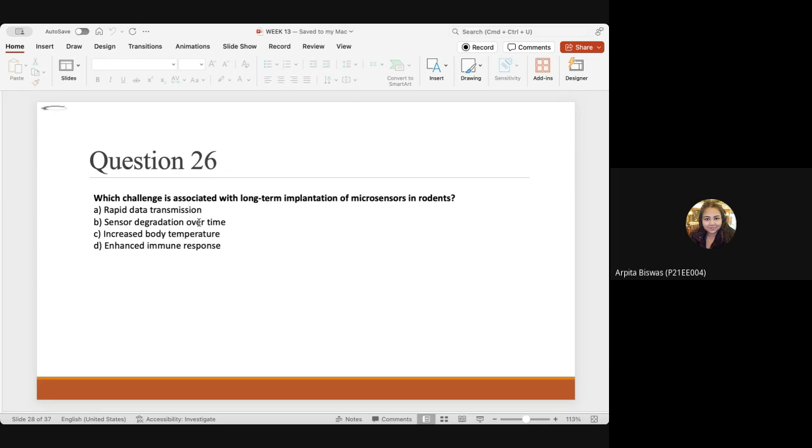Then next, question number 26. Which challenge is associated with the long-term implantation of microsensor in rodent? First option is the rapid data transmission. Option B is the sensor degradation over the time. Option C is the increased body temperature, and option D is the enhanced immune response.